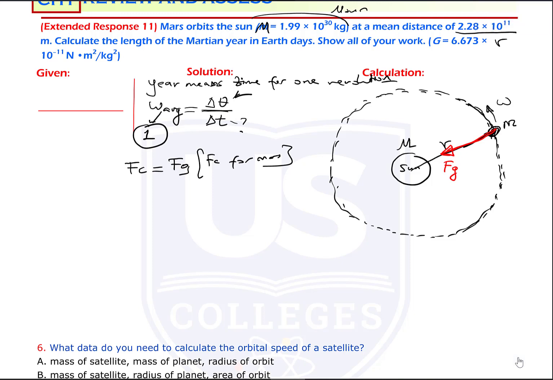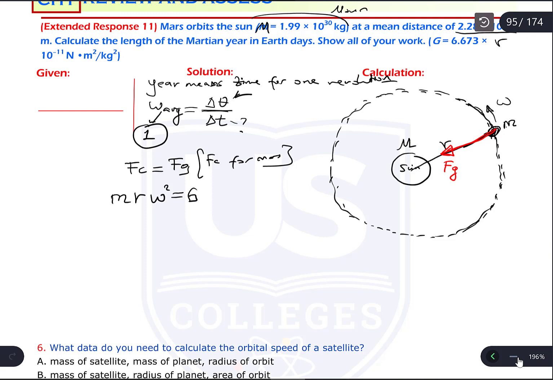Fc equation: mass of Mars, of course, because Mars is in circular motion, I have to use its mass, times radius of the orbit times omega squared, is equal to the gravitational force between Mars and the Sun, which is calculated by the universal law of gravity: capital G, multiplication of both masses, mass of Sun times mass of Mars, divided by the separation between them, which is the square of the radius of the circle.